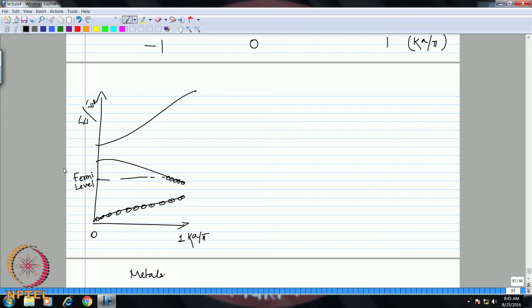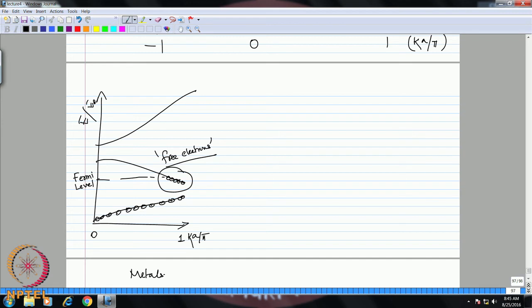That means, if you keep increasing the temperature, these electrons can freely move within this particular band without any problem, and therefore, all these are what? Conduction electrons or free electrons. So, in that case this becomes the conduction band.